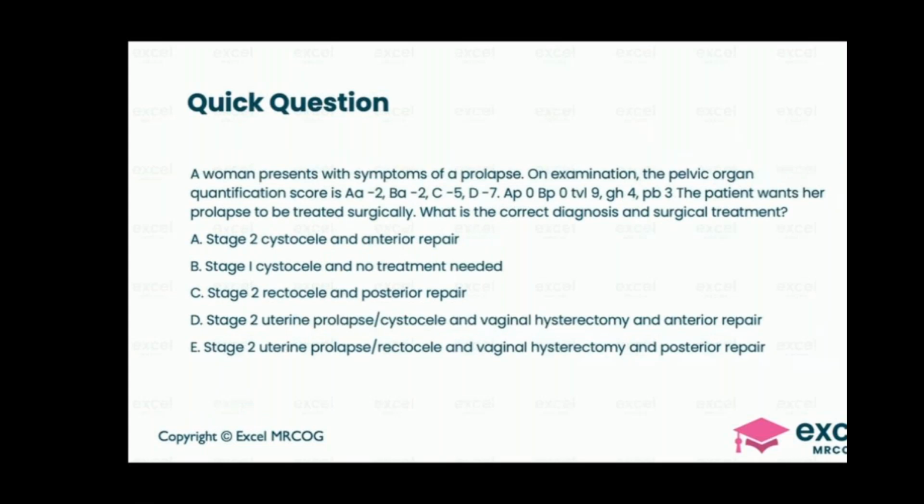What is this? Stage 2 rectocele with posterior repair.